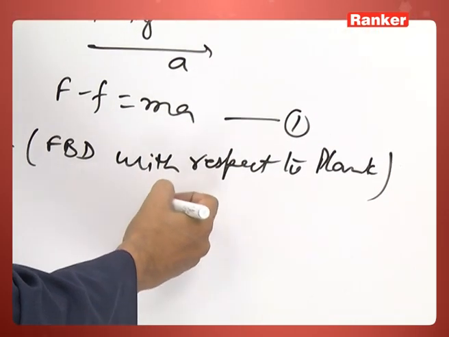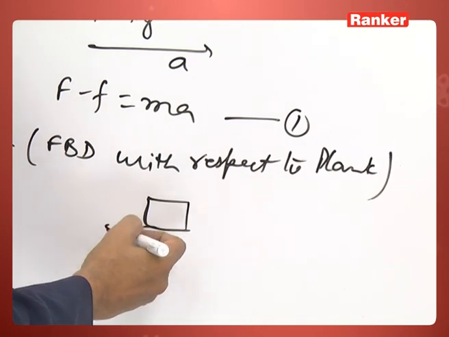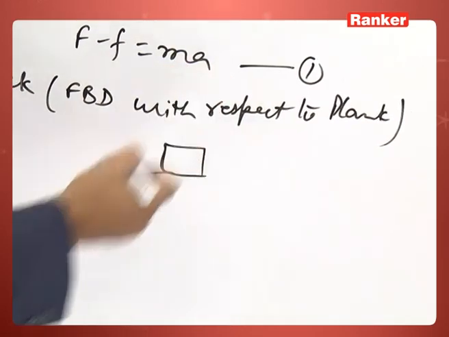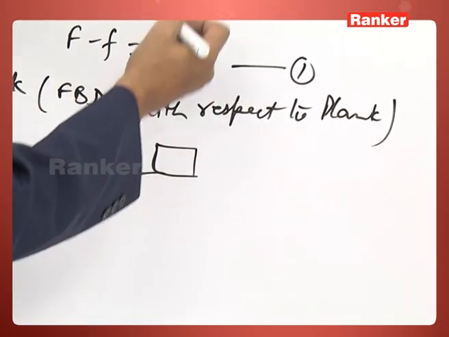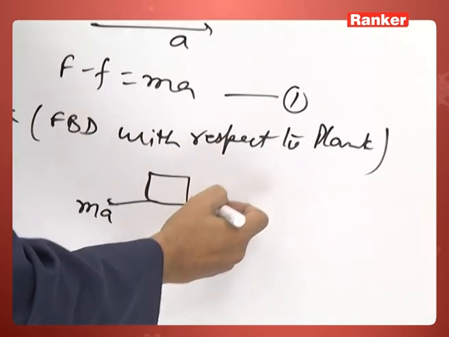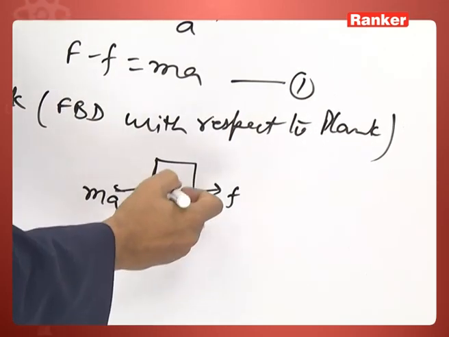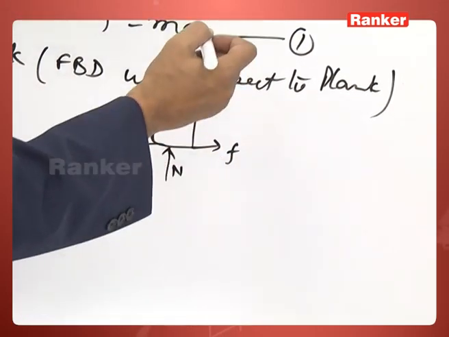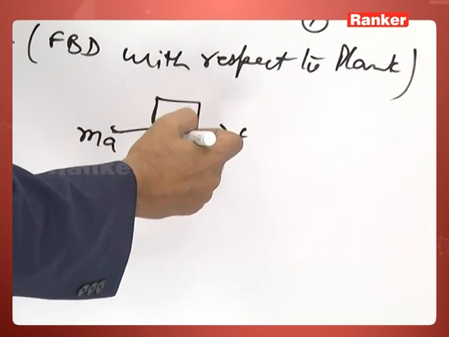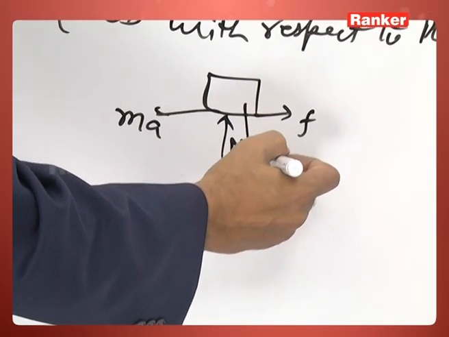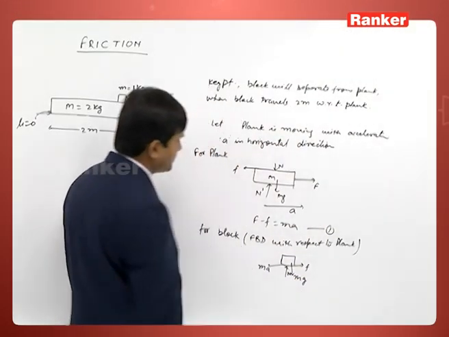So, on the block a pseudo force will act, ma, in this direction and friction will act in this direction. Another force here opposite to that, normal force, and third, weight mg.